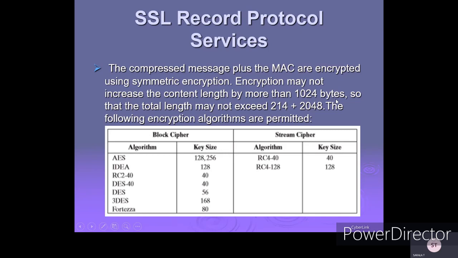Whatever the encryption we are doing, it should not increase the length by more than 1024 bytes. So the total length may not exceed 2 to the power of 14 plus 2048, because you will be having the header also, you will be having all the encrypted data also.